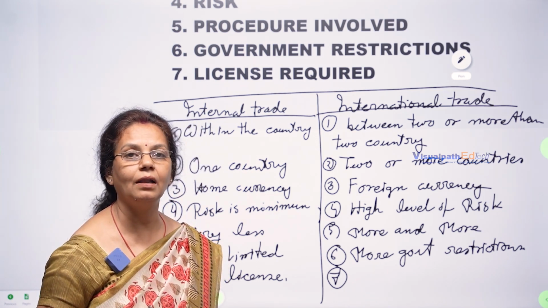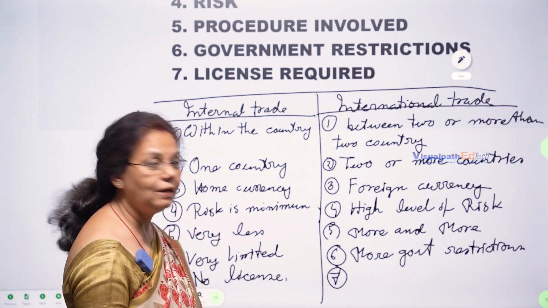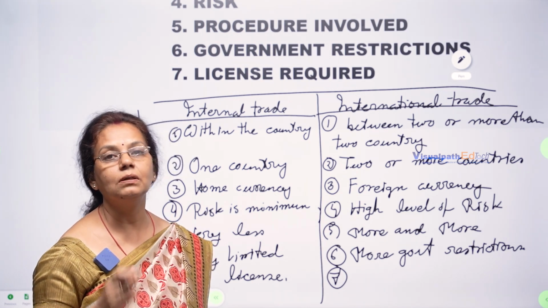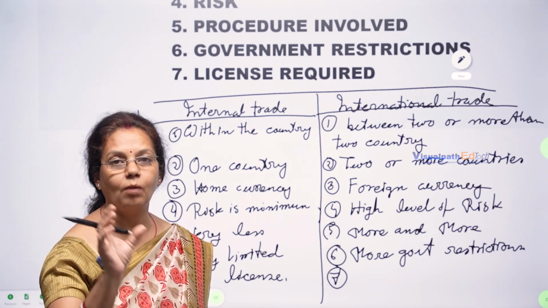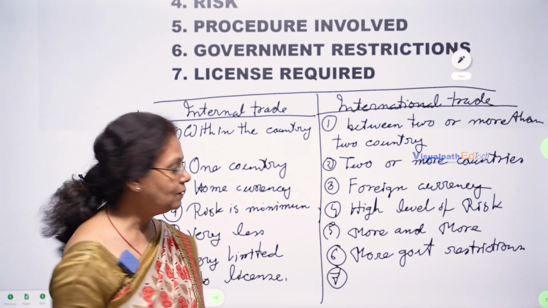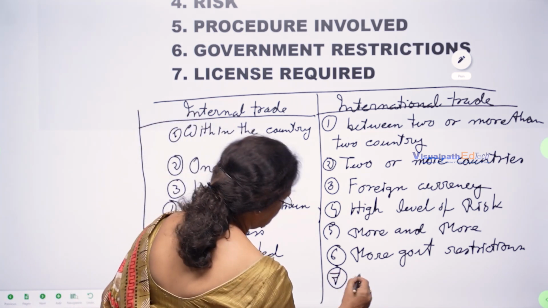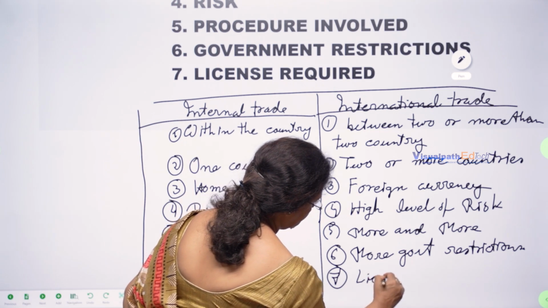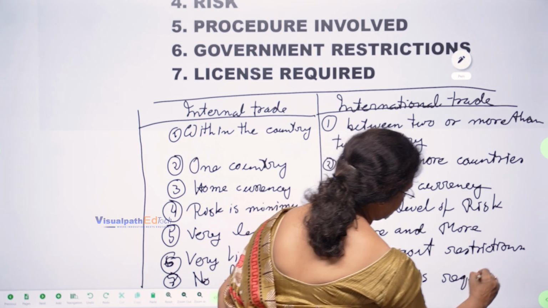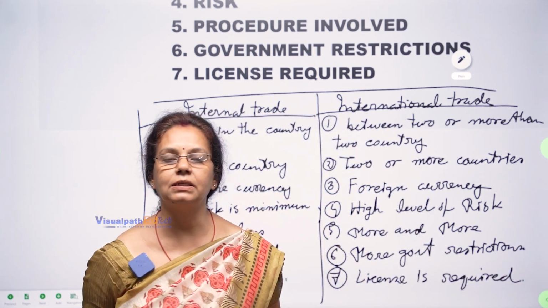You should get a license under the Export and Import Act from the Indian government if it is India, or if it is outside, the Export Import License Committee should issue a license to give you permission for international trade. So a license is a must to do international trade.